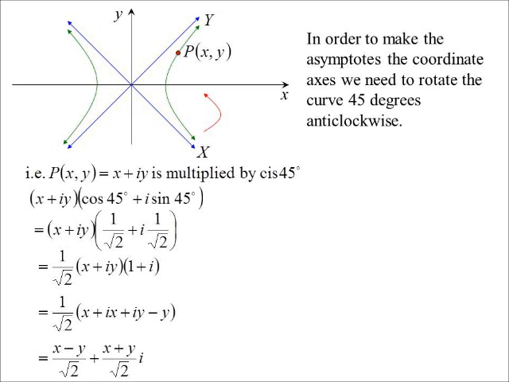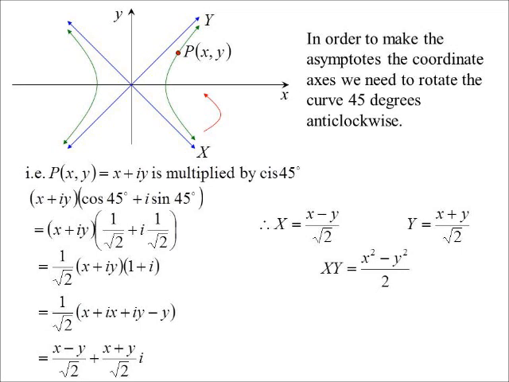Now, remember, little x, little y is referring to the original position of the point. If I now say the new position when it's rotated, well, X must be the real part, so x minus y on root 2. Y must be the imaginary part, x plus y on root 2. When we multiply those two things together, we get x squared minus y squared on 2.